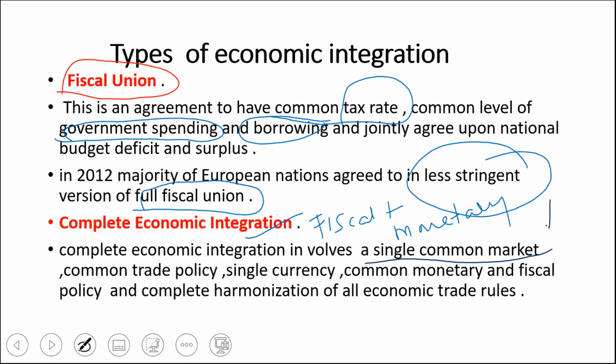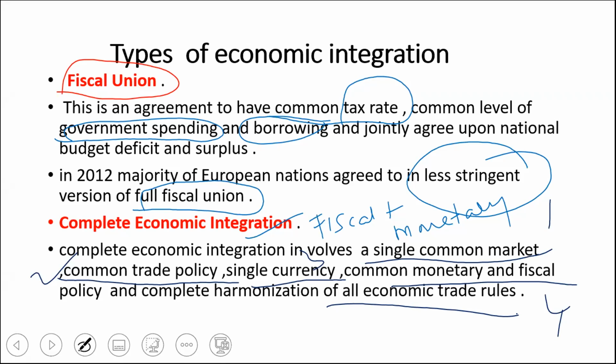First point, common trade policy. Second point, single currency. Third point, common monetary and fiscal policy. Fourth point, complete harmonization of all economic trade rules. So complete economic integration, what are the features? First feature is common market. Children, what do you mean by common market?